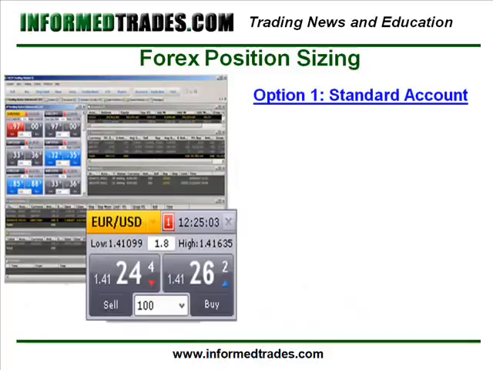The first option is what is known as a standard account. A standard account trades standard contract sizes, which in the retail FX market normally means 100,000 of the base currency. So for example, if you are trading Euro US dollar on a standard account, then the minimum position size you could trade would be one contract, which would equal 100,000 euros against the equivalent amount of US dollars.